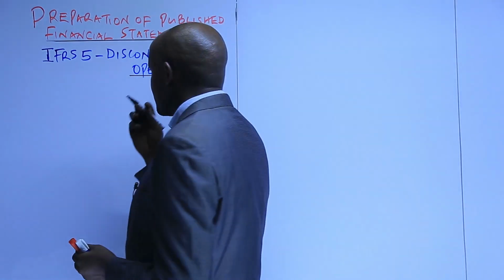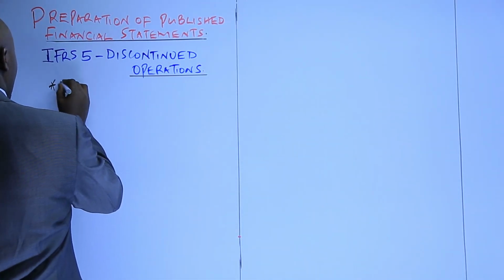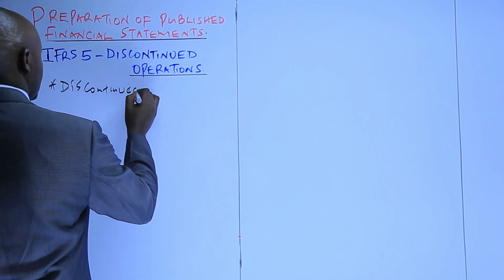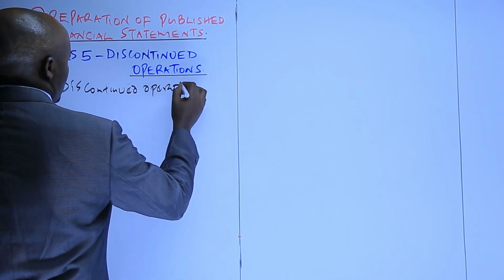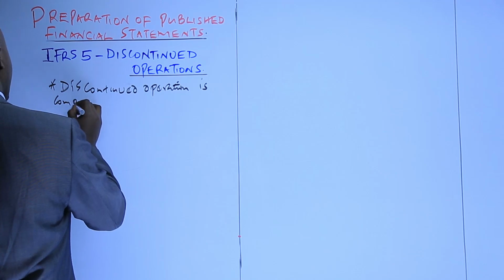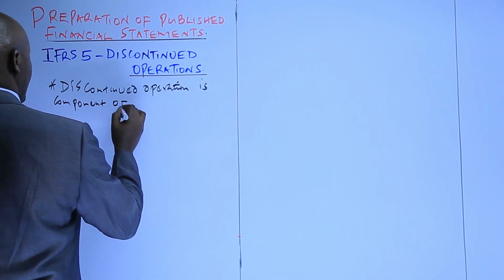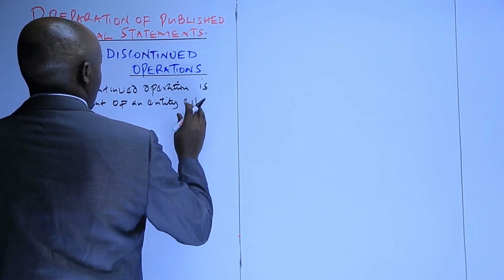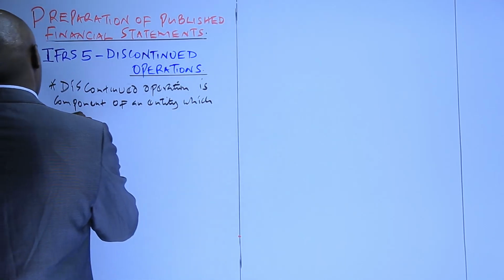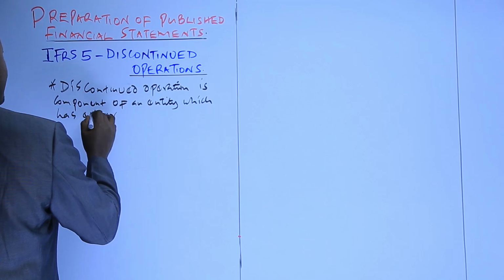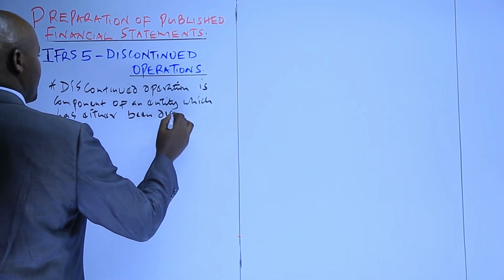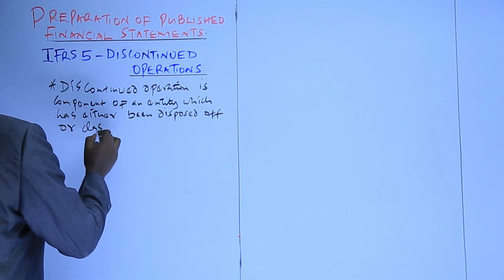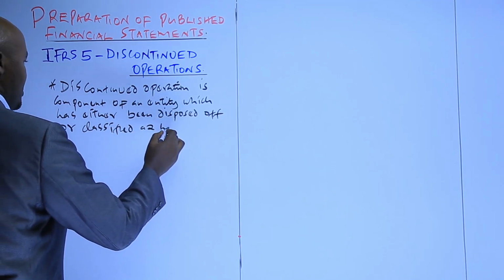So therefore, we can say a discontinued operation is a component of an entity which has either been disposed of or classified as held for sale.